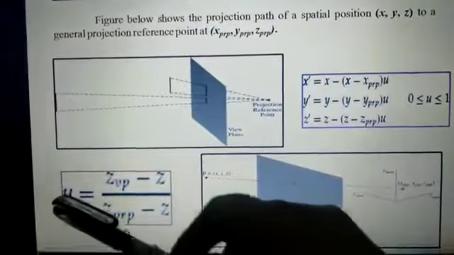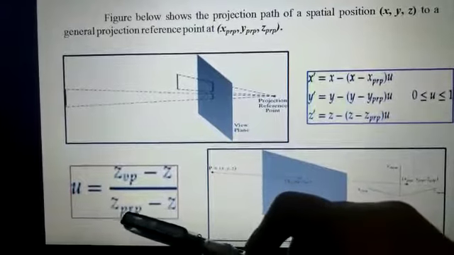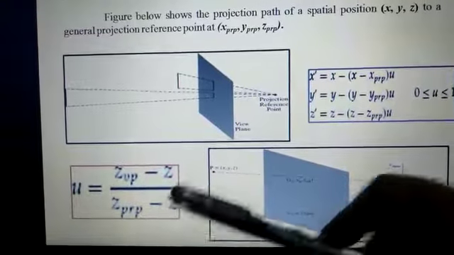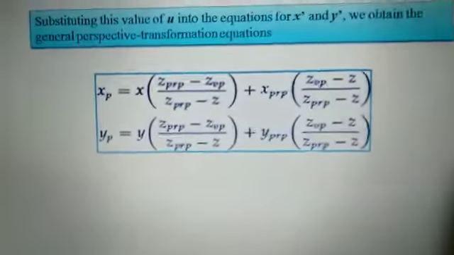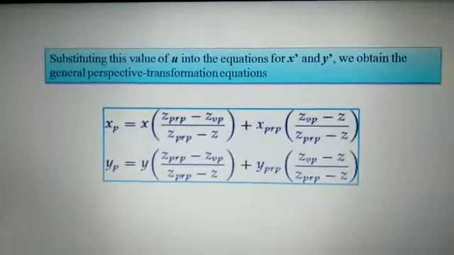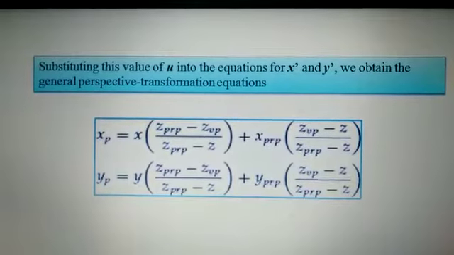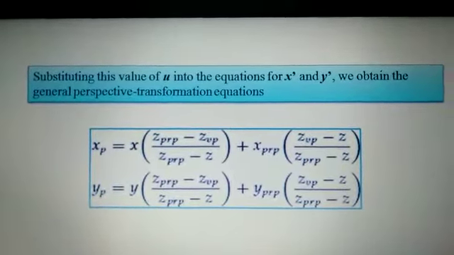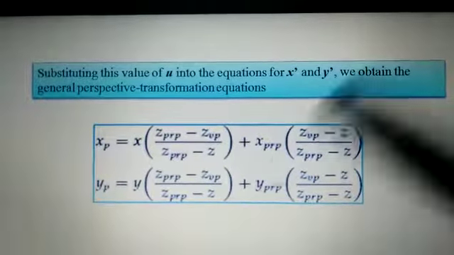Therefore, we can conclude u is equal to zvp minus z divided by zprp minus z. Substituting this value of u into the equations of x' and y', we can obtain the general perspective transformation equations as xp equal to so and yp equal to so on.